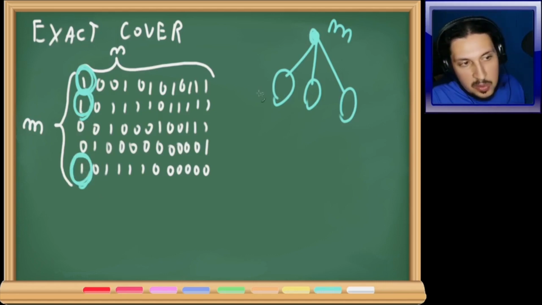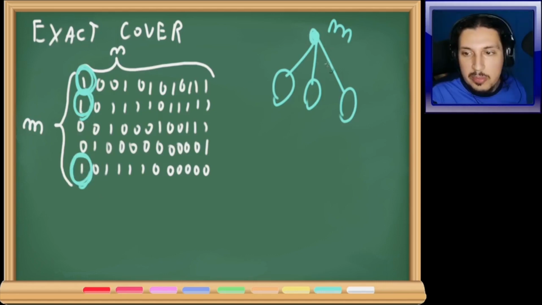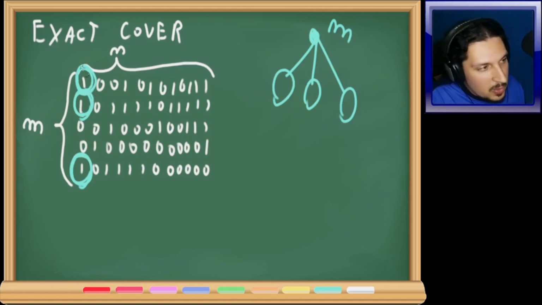We don't know how many. Here in this example it is 3, the branching factor, but it will be exactly how many ones we find in that column, among, of course, the ones that are still alive.